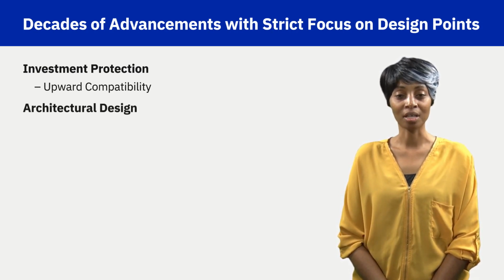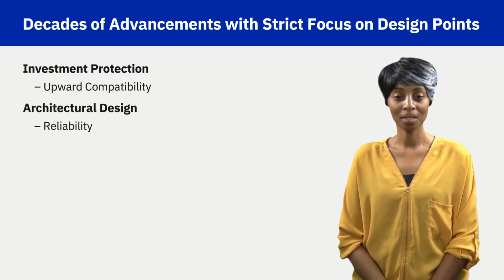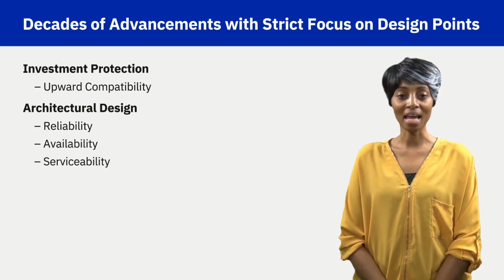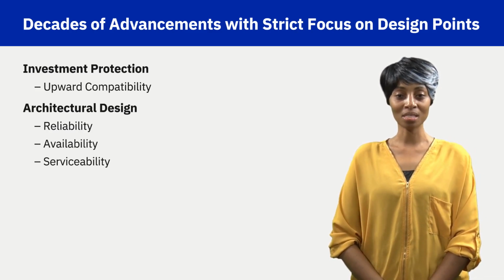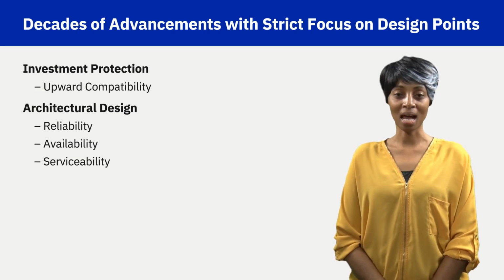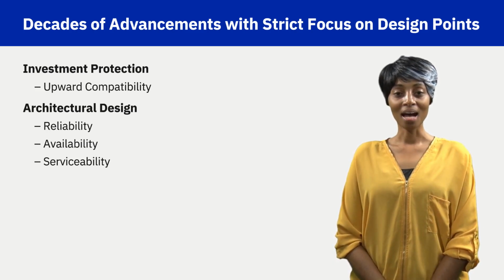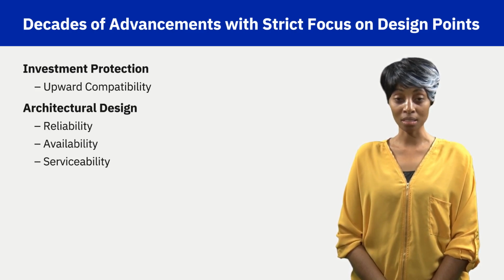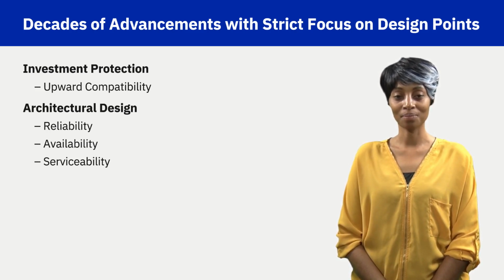RAS is an acronym for reliability, availability, and serviceability. This acronym has decades of technology advancements and patented technology. Unscheduled mainframe outages can be extremely costly for large enterprises.